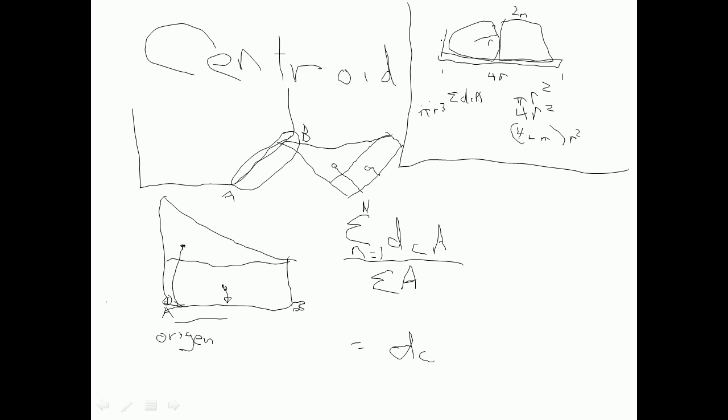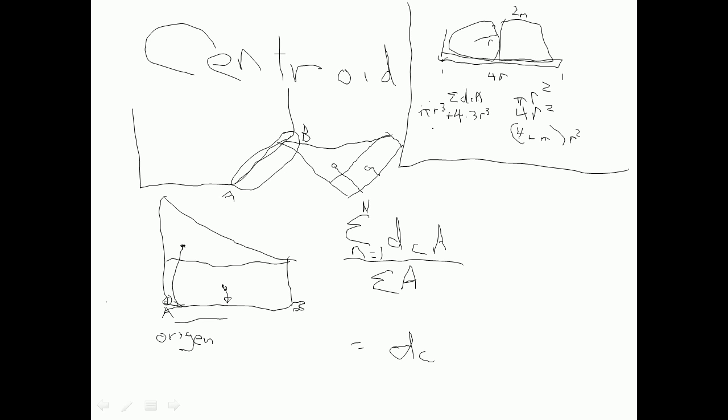That would be this area times this distance, plus 4r squared times 3r. This comes from the fact you're going to take the area of 4r squared and multiply it by the distance from this origin there of 3r, and so you get 12r cubed.